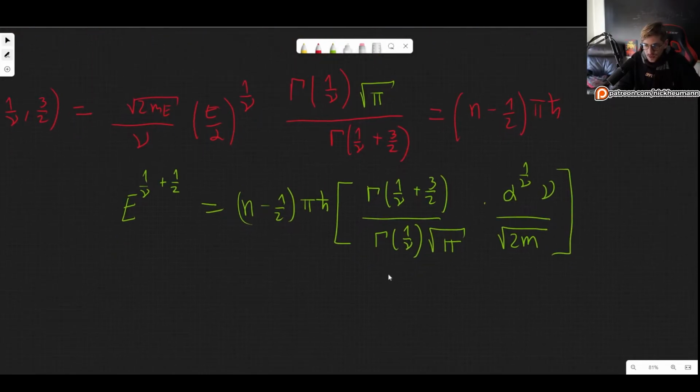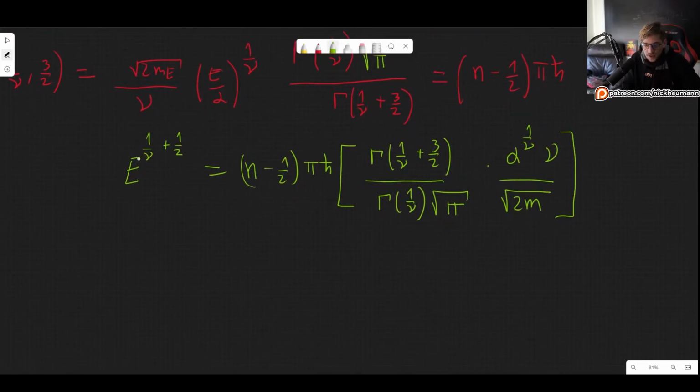Okay, so finally, we need to take the square root of this. How do we do that? Well, let's take common denominator. So this is basically 2 plus nu divided by 2 nu. So basically, we need to raise everything to the power of the inverse of that.